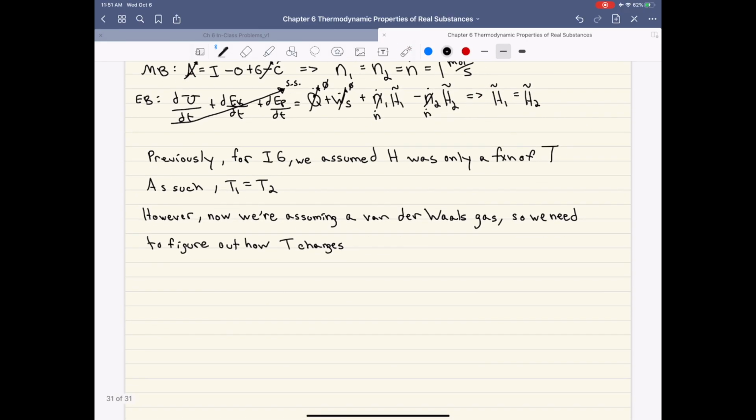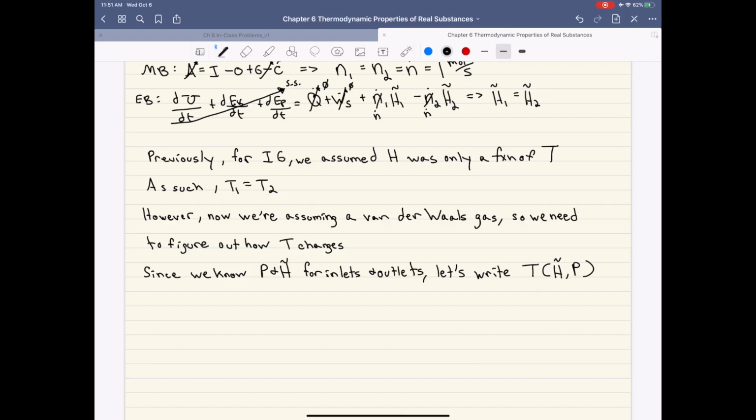Okay? And so, since we know P and H for the inlets and outlets, what this points us in the direction of doing is that we want to write, or think about, how the temperature can be written as a function of that molar enthalpy and pressure.